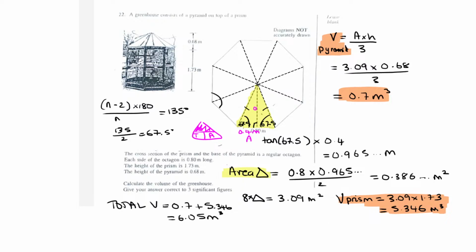Maybe I can Google it, see if it tells me. It looks like it's Edexcel in the first place, isn't it? Edexcel GCSE maths. And I'll just type in the question. A greenhouse consists of a pyramid on top of a prism. Let's see if that comes up.